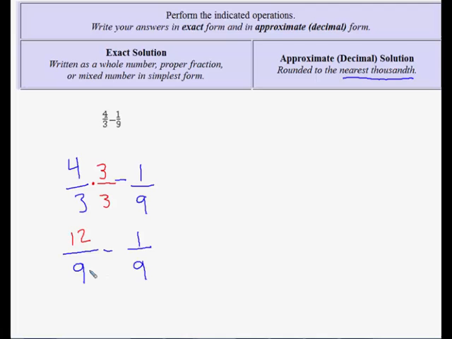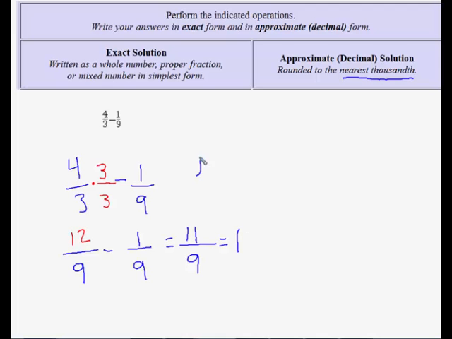Now that the denominators are the same, they're both 9, I will copy my common denominator, and then I will subtract my numerators as indicated by the problem. It was subtraction, so 12 subtract 1 is 11, which is an improper fraction because my numerator is bigger than my denominator. So I will say that 9 divides into 11 one time with 2 left over.